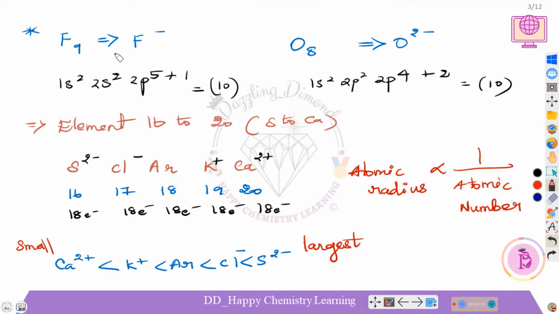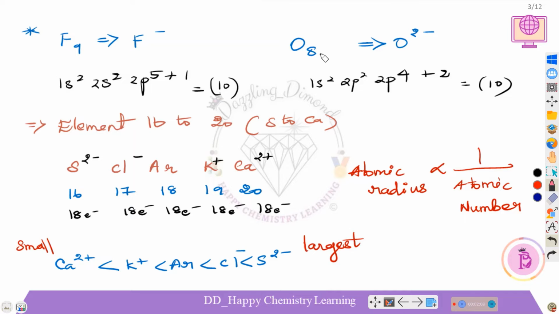Taking another example, F- and O2-. Suppose fluorine and O2- is given, that is not isoelectronic species. When it is F- and O2-, they are considered isoelectronic species, right? Because fluorine has atomic number 9, hence the electronic configuration is 1s2, 2s2, 2p5.